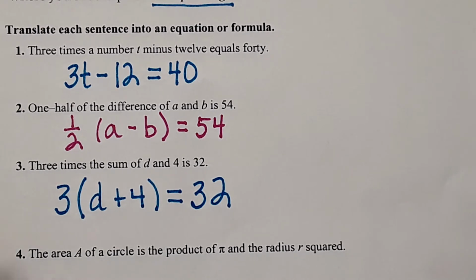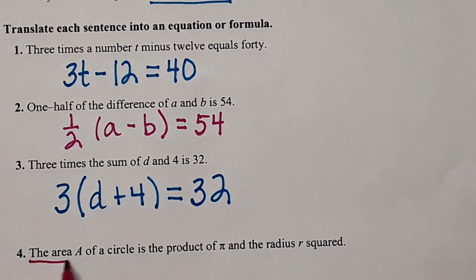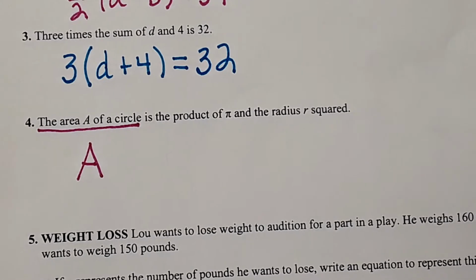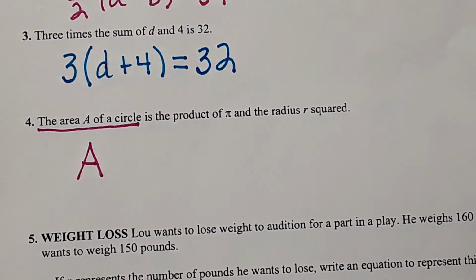Okay. The area of A, no, that doesn't say the area of A. It says the area A of a circle is. So look at this. The area of a circle is. So that means I'm just going to put A. And then what am I going to put for, oh, sorry guys. What am I going to put for is? Thomas. Head up.